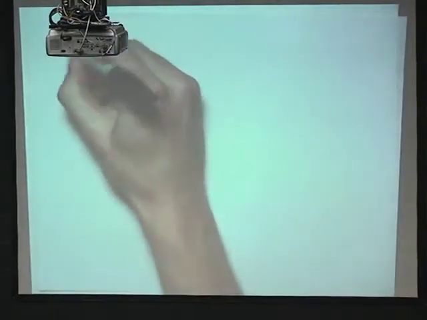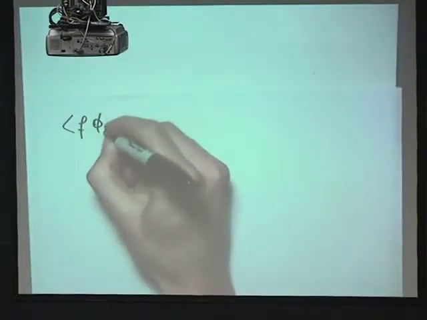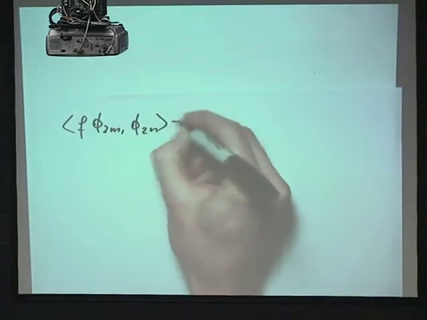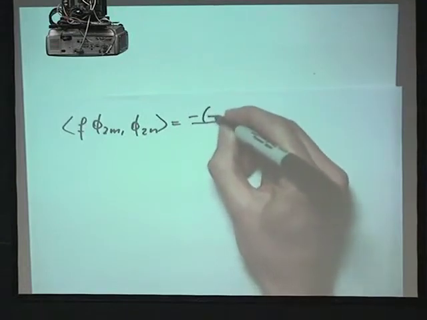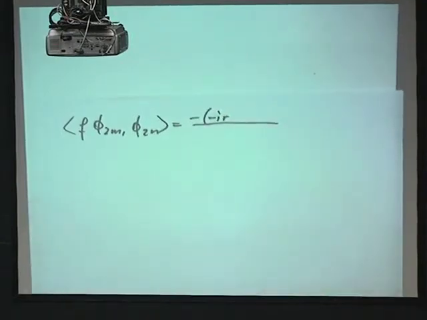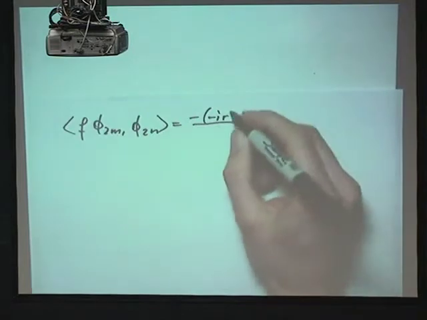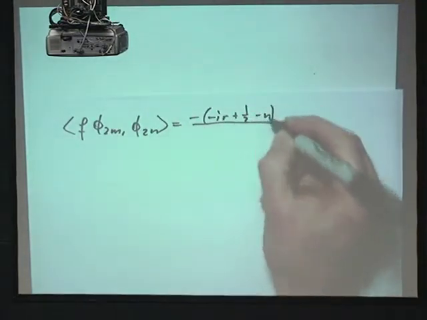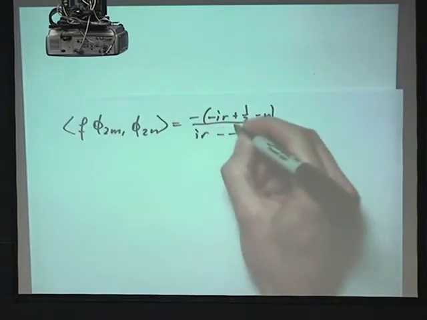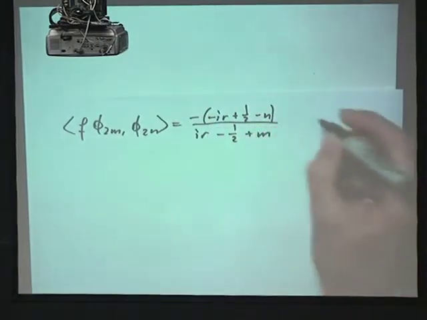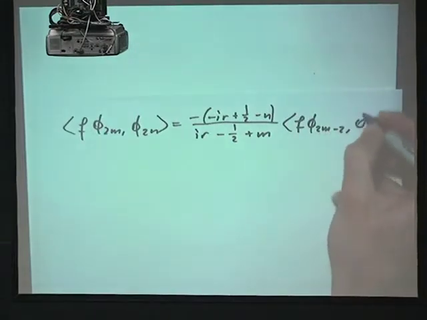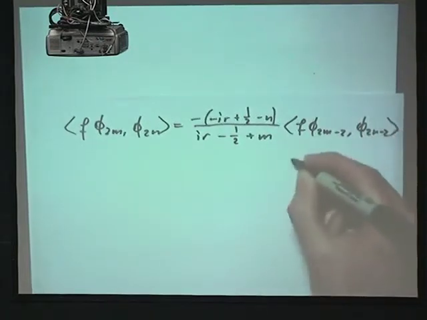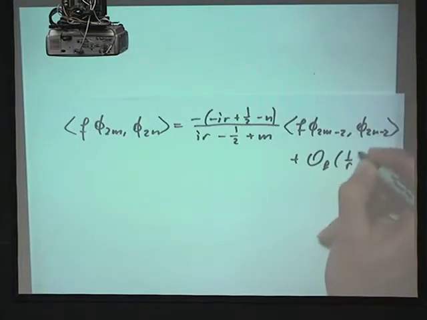What I get is that the inner product of f phi 2m, phi 2n is equal to, there's this minus from the minus E minus, there's a minus ir, because this constant comes from the second component in the inner product, so of course it's sesquilinear, that this conjugation pops up, plus 1/2 minus n, over ir minus 1/2 plus m, and then I have this inner product of f phi 2m minus 2, phi 2n minus 2, plus this error term of 1 over r.